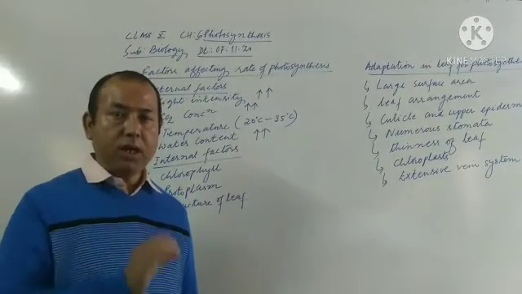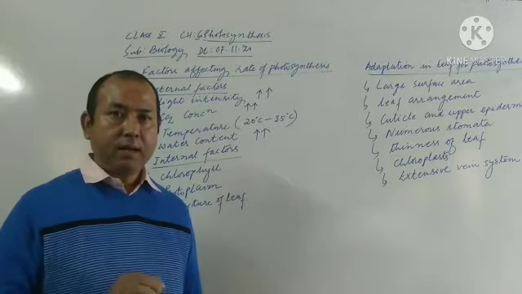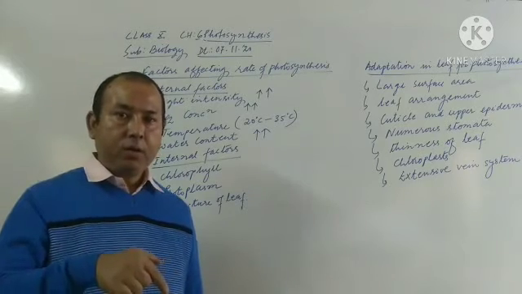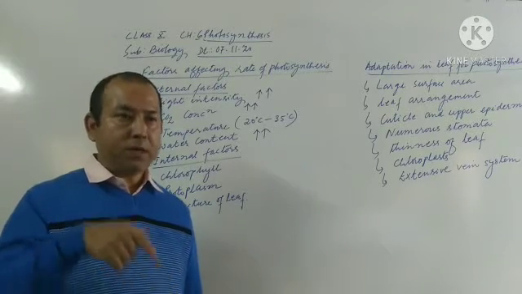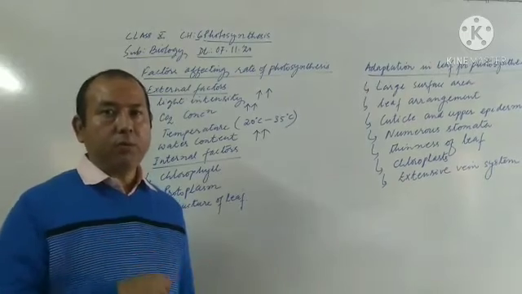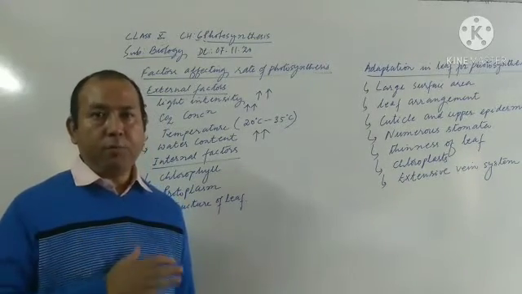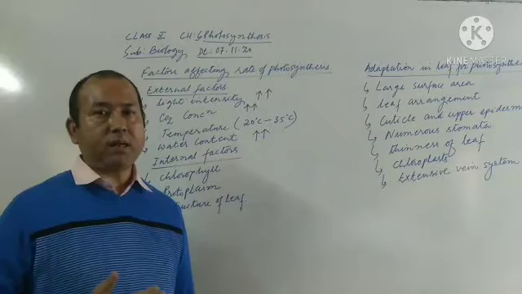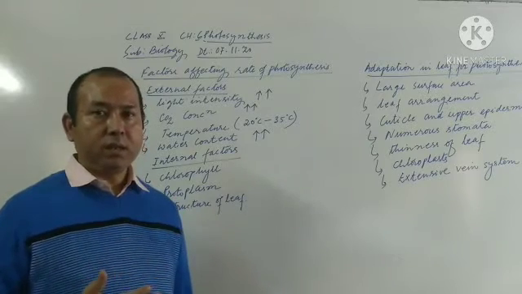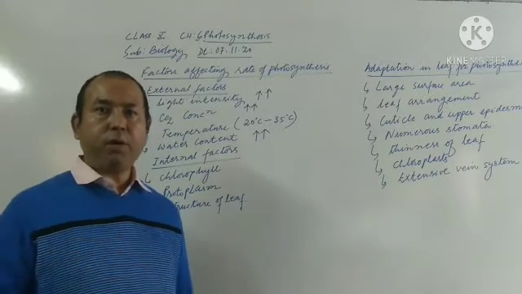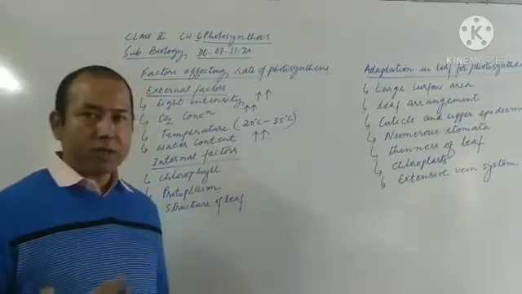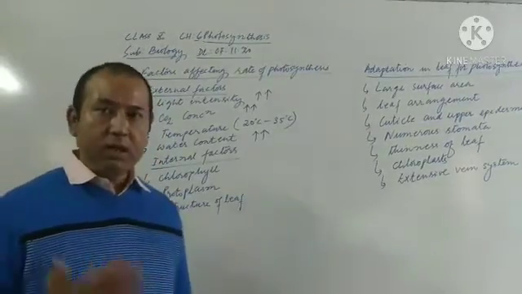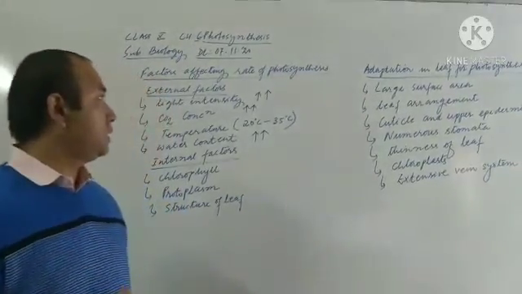If the leaf is thinner, then light can easily penetrate through the upper epidermis and reach the lower epidermis. So all these different structures increase the rate of photosynthesis.